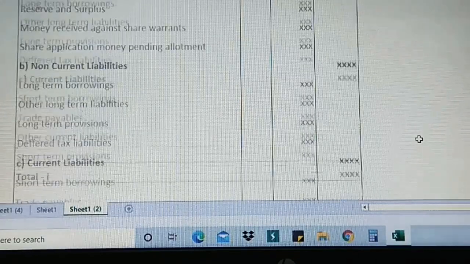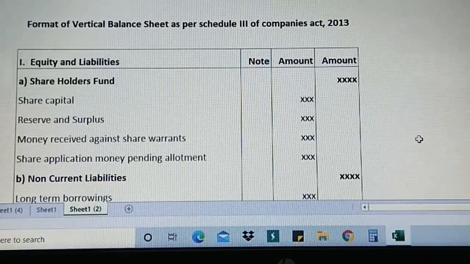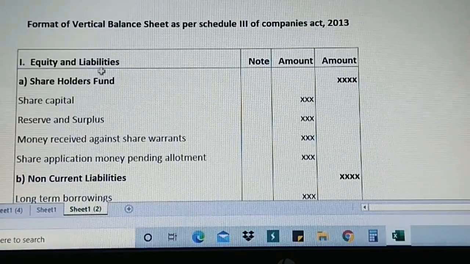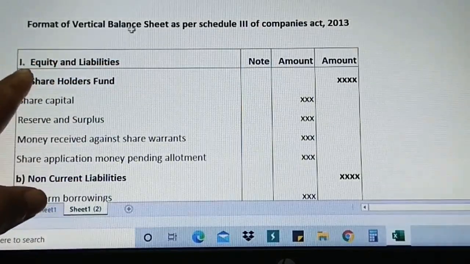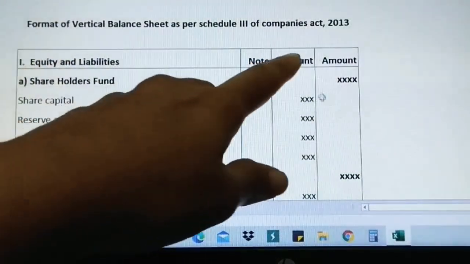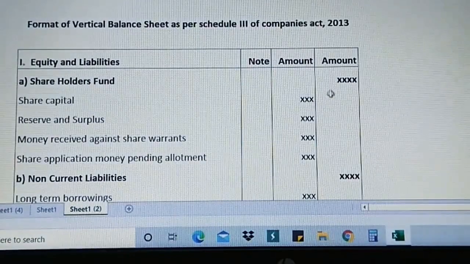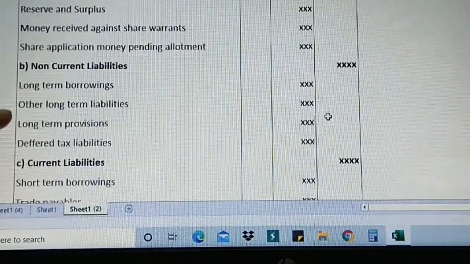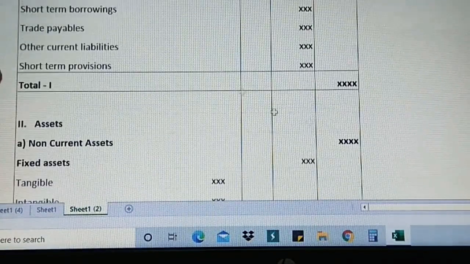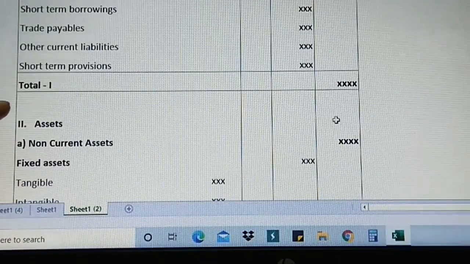Just observe the format again right from the beginning once. You have no particulars. Instead, first is equity and liability, Roman number 1, note to amount column. First option A, then option B, then option C, and the total 1.